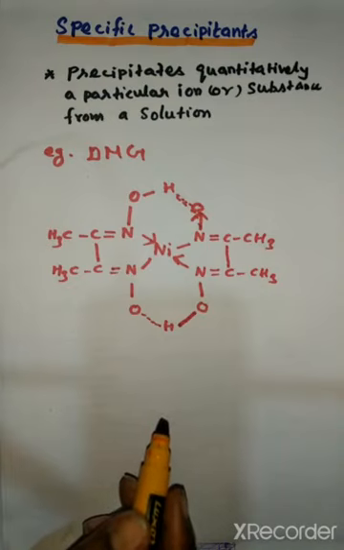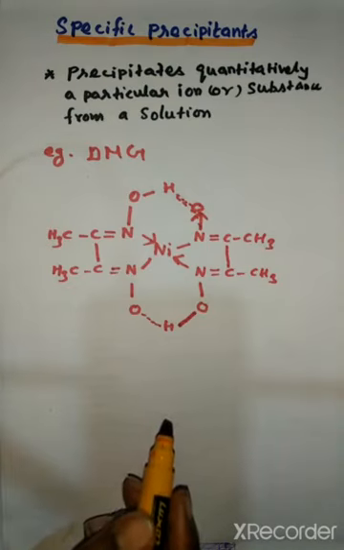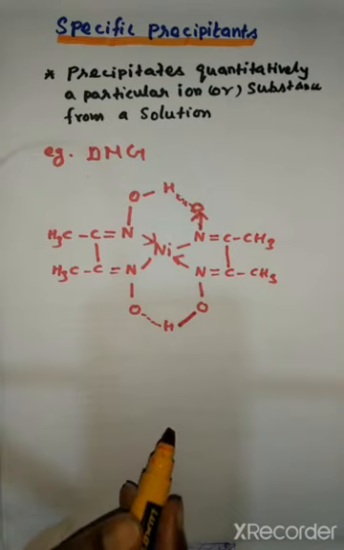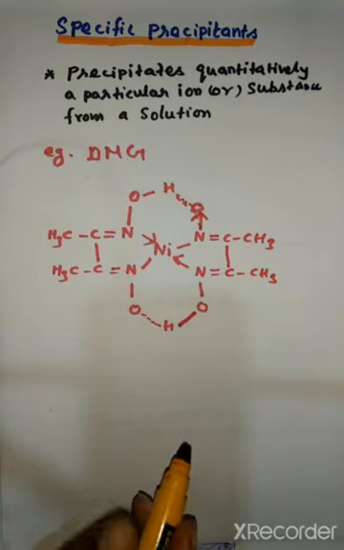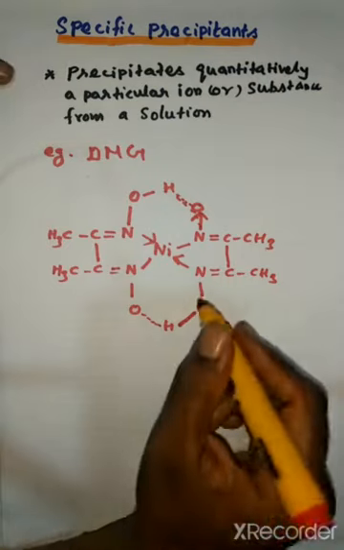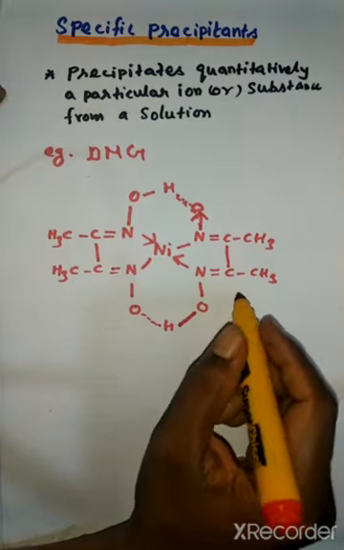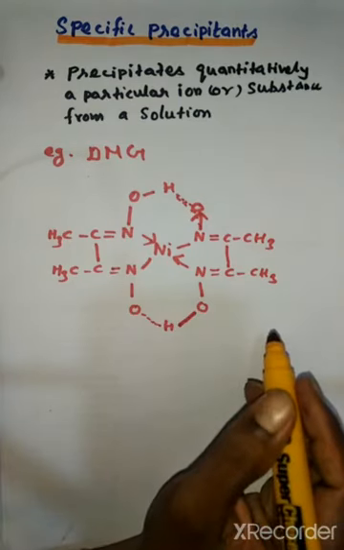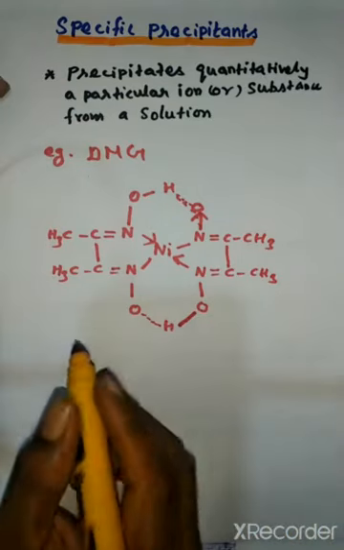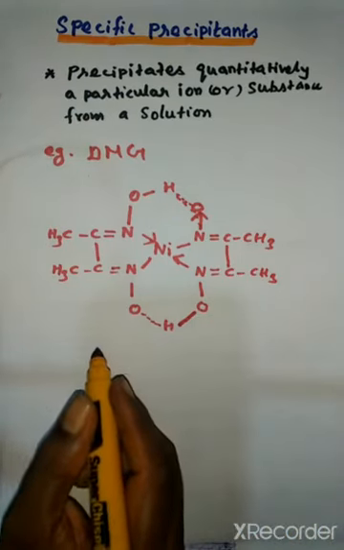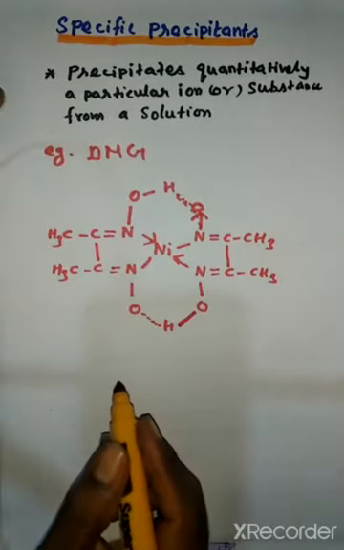So it acts as somewhat nearly specific. That is the example, dimethyl glyoxime.